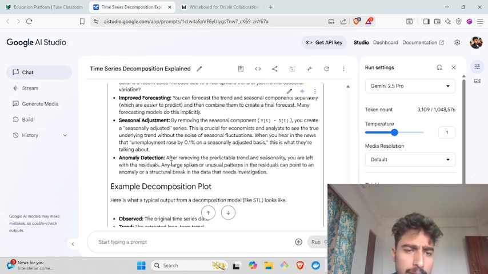And another is anomaly detection. After removing the predictable trend and seasonality, you are left with the residuals. Residuals actually help to detect anomalies. A large spike or unusual pattern in the residual can point to an anomaly or structural break in the data that needs investigation.